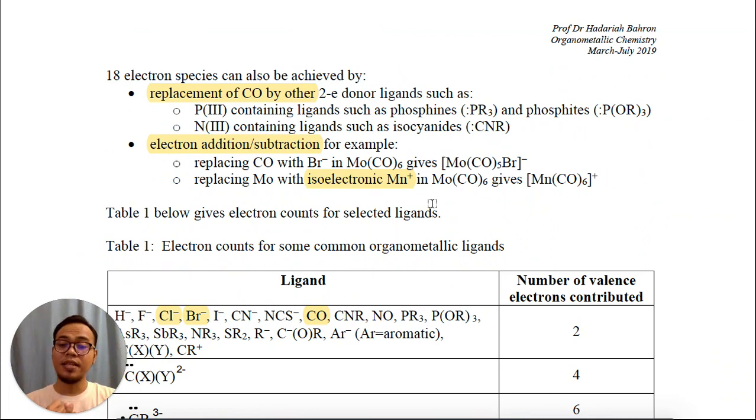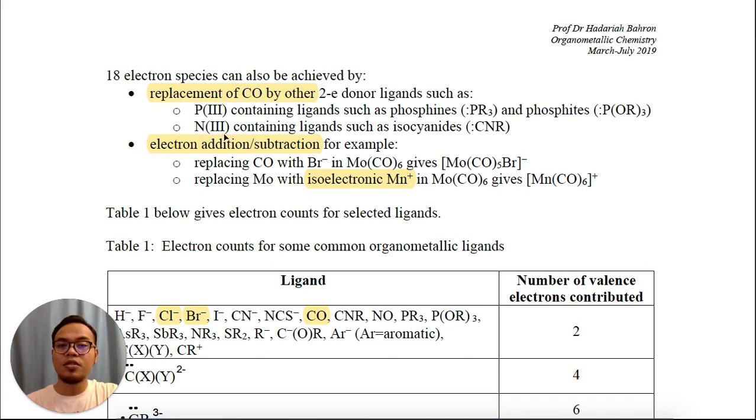You can achieve stability for odd electron species by dimerizing with another unit through the formation of a metal to metal bond. Or the second one, it can be done also by replacing carbonyl with some other 2 electron donor ligands. For example, we have phosphines here, PR3, and also phosphites. These ligands also donate 2 electrons.